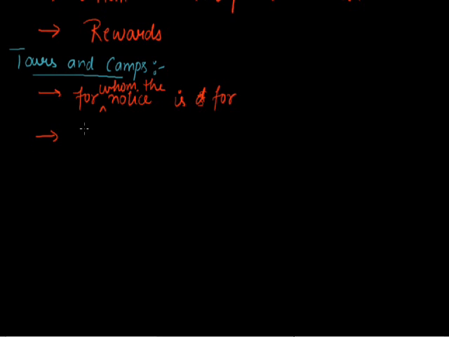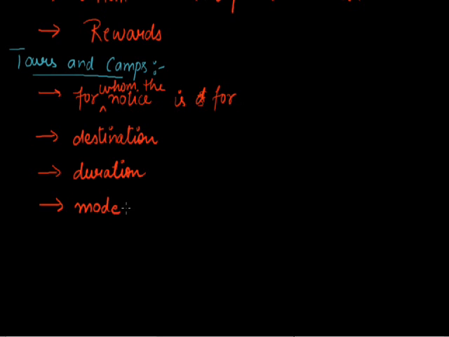The second is the destination point of the camp or the tour. The third would be the duration of the camp. The fourth being mode of travel as well as accommodation.